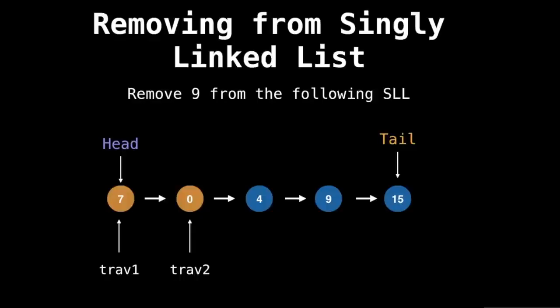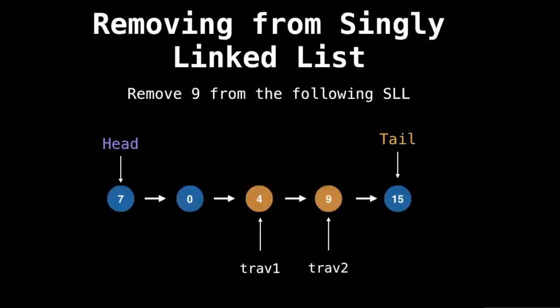Now what we're going to do is advance trav2 until we find the node we want to remove, while also advancing trav1. Okay, we have found node 9, so this is the stopping point.